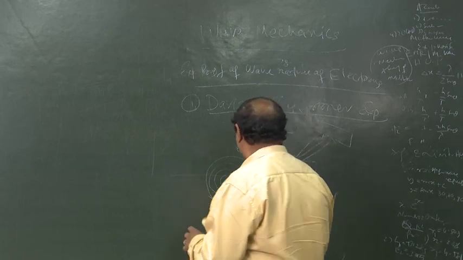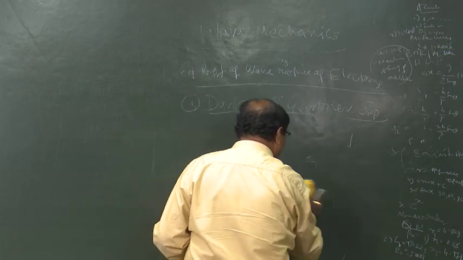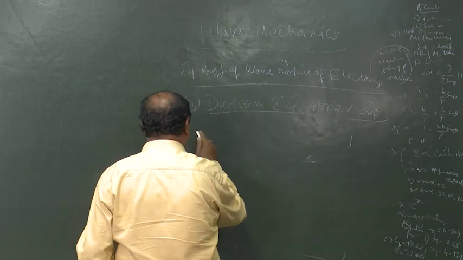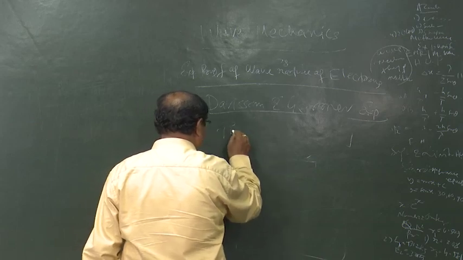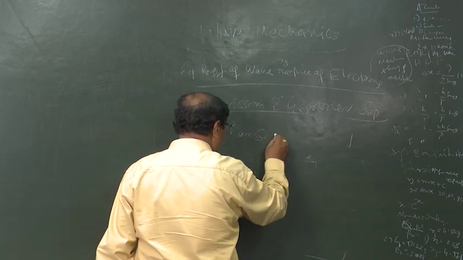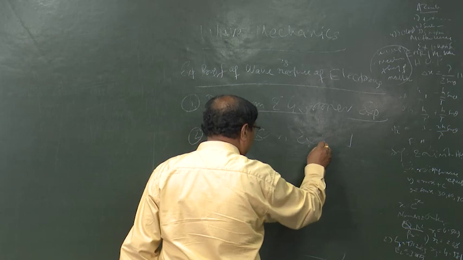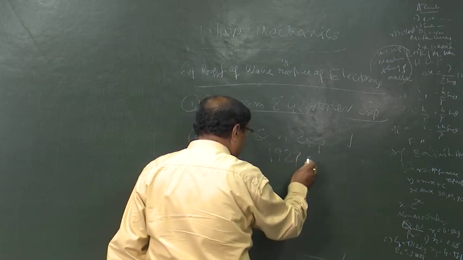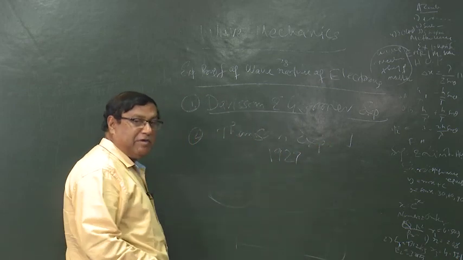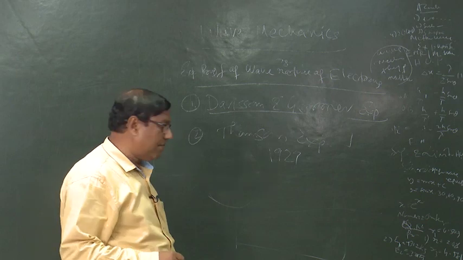Another experiment was carried out in 1927 by Thomson. Second is the Thomson experiment. In 1927, Thomson proved that a beam of electron behaves as a wave. How?